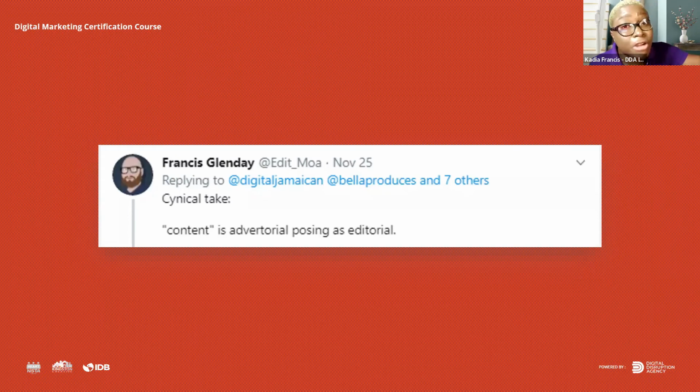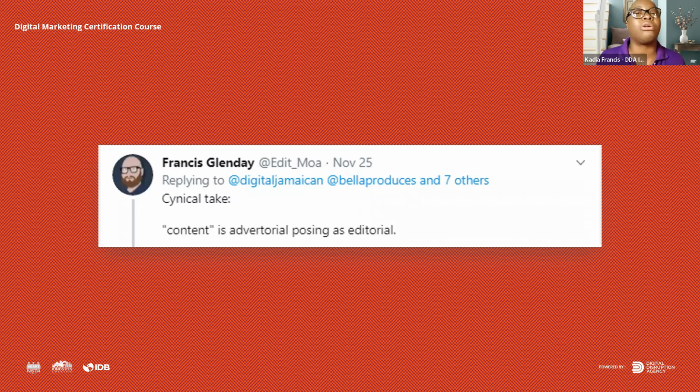But still serving the same purpose as that commercial would serve. It is just formatted differently, so it can be consumed in a different way that is less intrusive or less obstructive to persons, right? So advertorial posing as editorial.